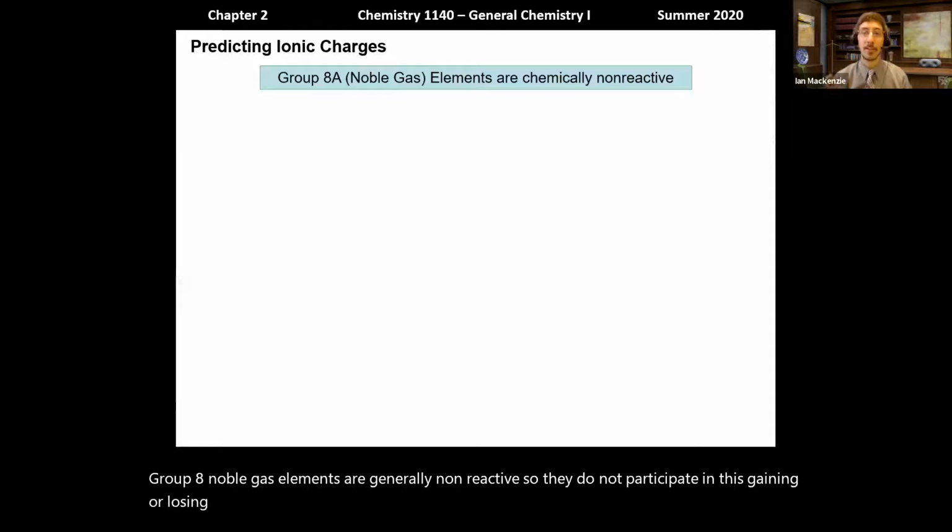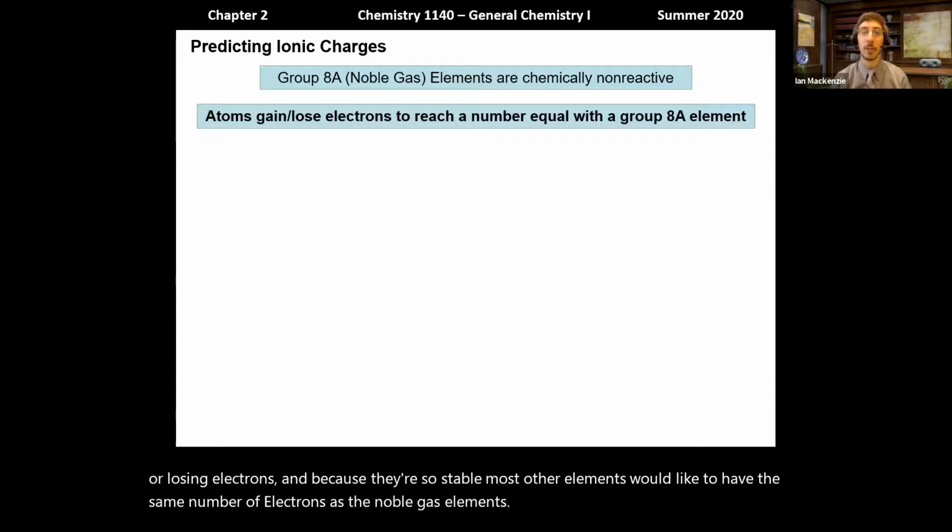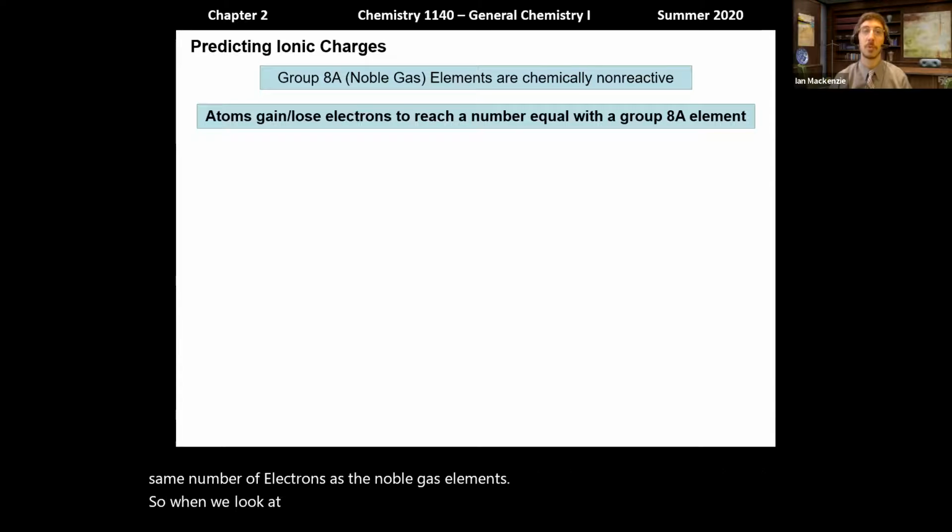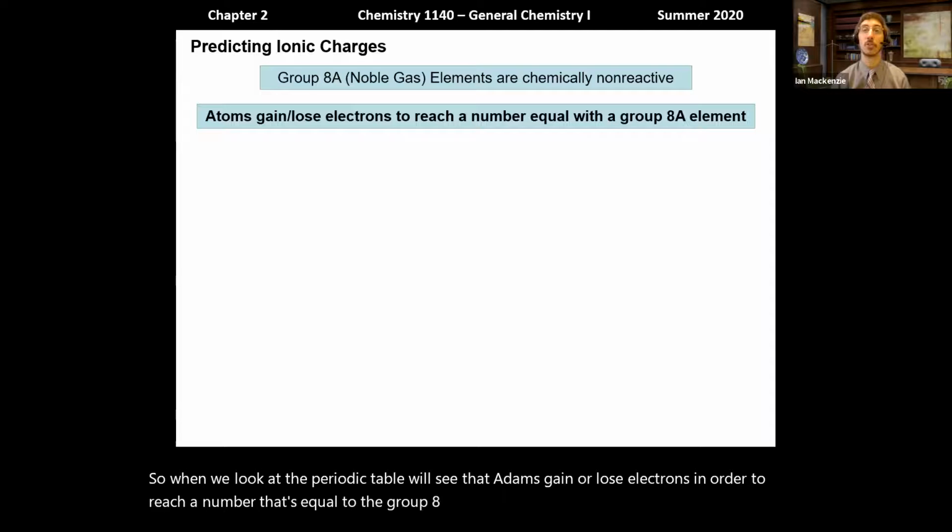And because they are so stable, most other elements would like to have the same number of electrons as the noble gas elements. So when we look at the periodic table, we'll see that atoms gain or lose electrons in order to reach a number that's equal to the group 8A, or remember, this is also group 18 element.